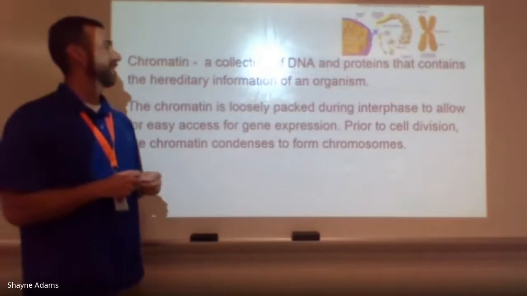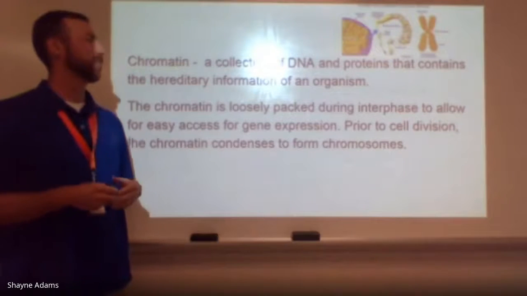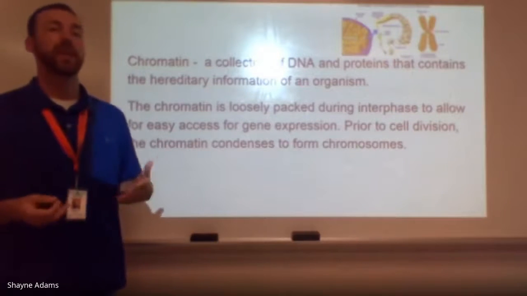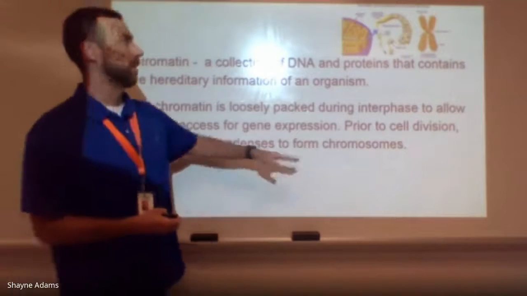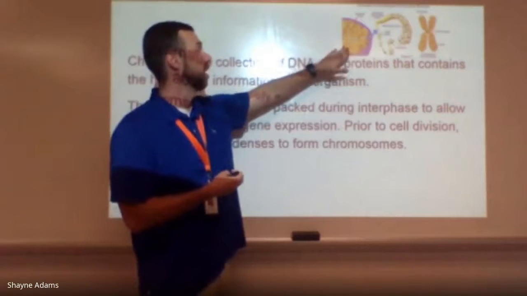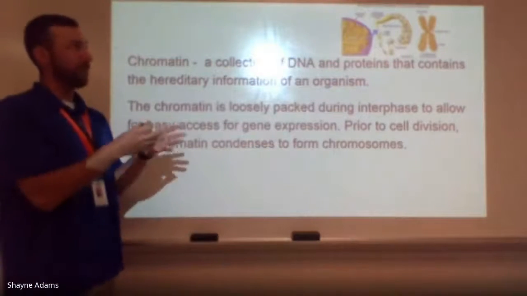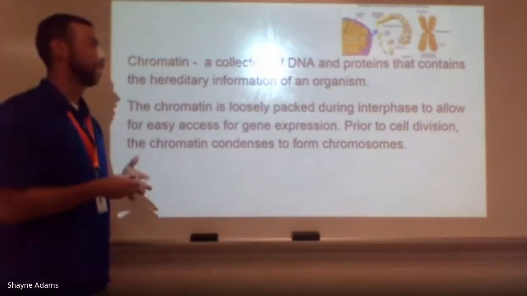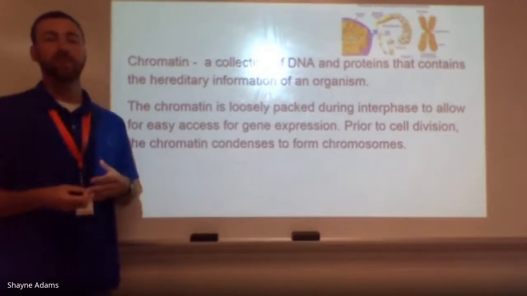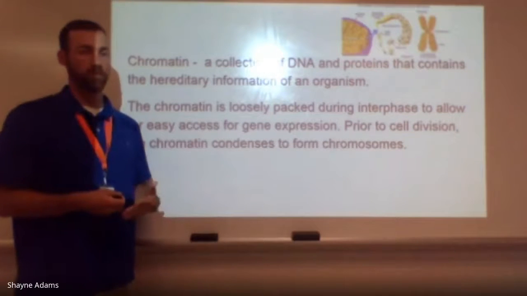Chromatin. Now, chromatin is a collection of DNA and proteins that contains the hereditary information of an organism. It's the DNA. So if you look at this picture up here, the chromatin kind of looks like a bowl of noodles. Now, it's loosely packed until the cell gets ready to divide, and then it condenses and forms chromosomes.